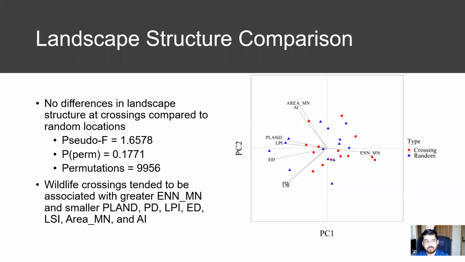So on to our results, starting with the landscape structure comparison. We found no significant differences in the woody cover structure at wildlife crossings and random sites. Additionally, while these results were not significant, we were still able to visualize how metrics varied among sites. Generally, crossing sites had smaller, more regularly shaped patches that were further apart.